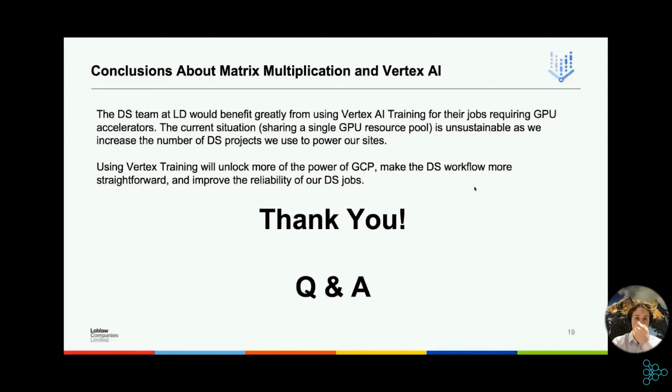We don't have the ability right now to run compute as we need or provision the compute that we need in all of our data science projects. And using Vertex AI, we'll be able to unlock that power and use Google Cloud Platform much more effectively, as it's sort of intended to be used as a way to scale up your compute power as needed.